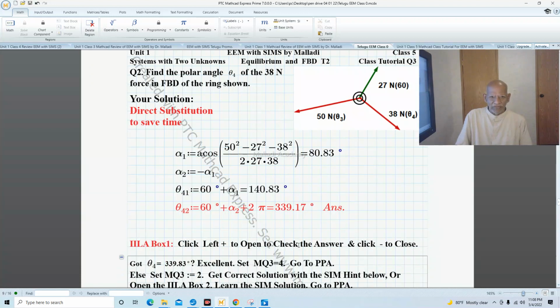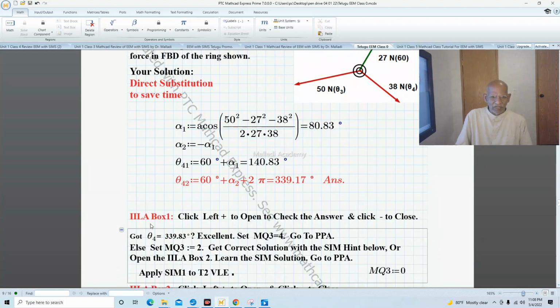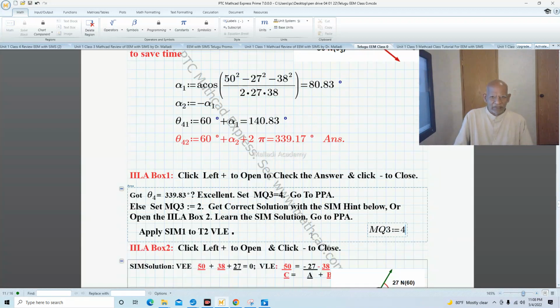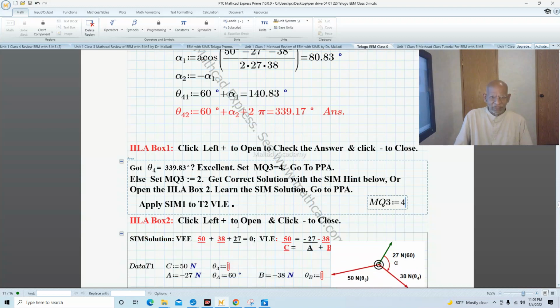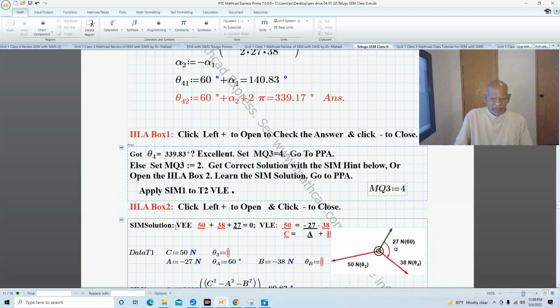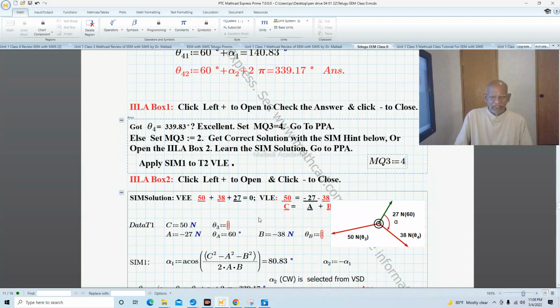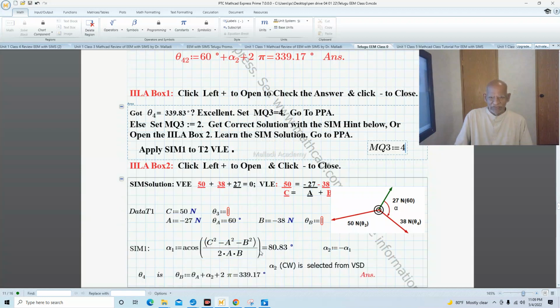So now I compare it with the answer box one. Okay, I got the right answer, so I give myself four marks here, something like that. Like this I do for 3 questions or so, and if I get it wrong, I get a sim hint here. Otherwise, a sim solution is given here, so I can study this, correct myself and master this.